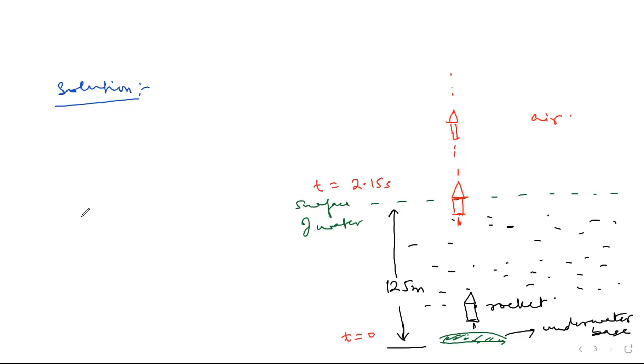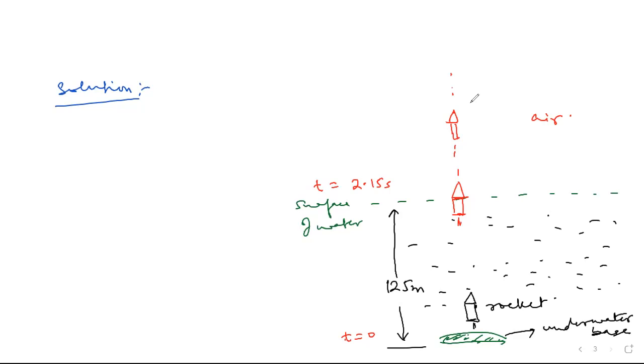Now, as with any projectile in free fall, we could analyze the motion of the rocket during the portion of its motion in the air if we knew the initial velocity of that part of the motion. As you can see, there are 2 parts of its motion. One part of the motion is through water, second part of the motion is through air. Now, we can analyze the motion of the rocket in the second part, that's in the air, if we can know the initial velocity of that portion.